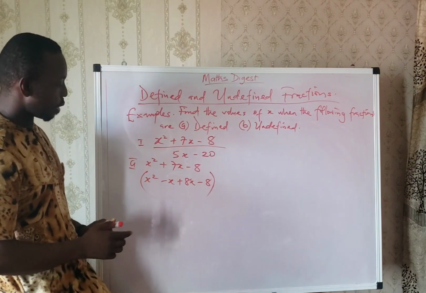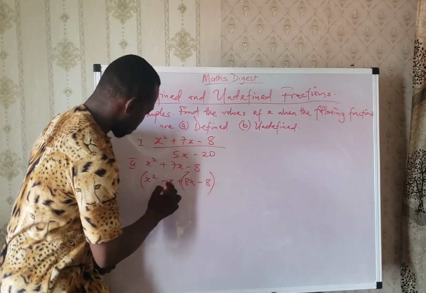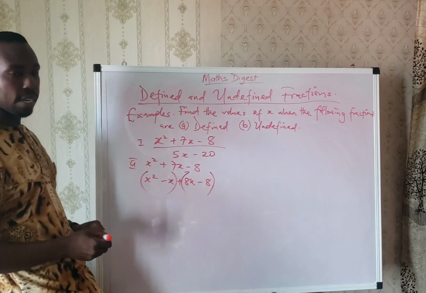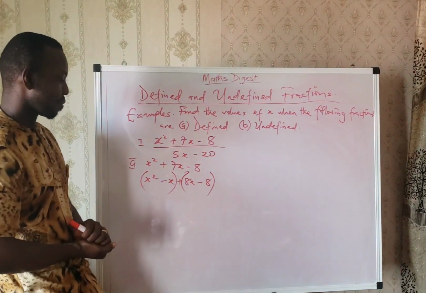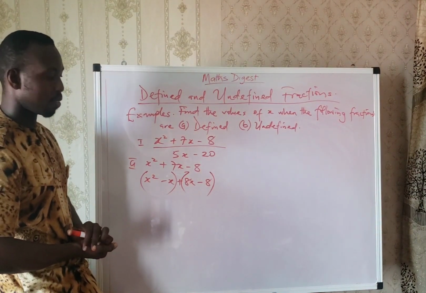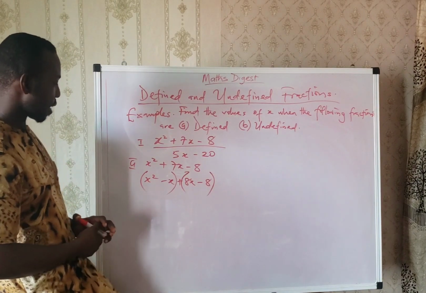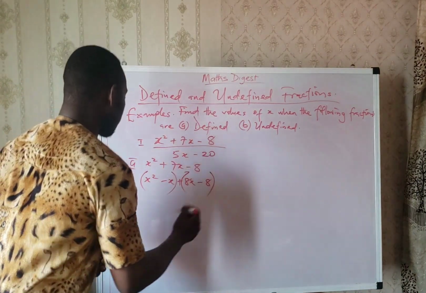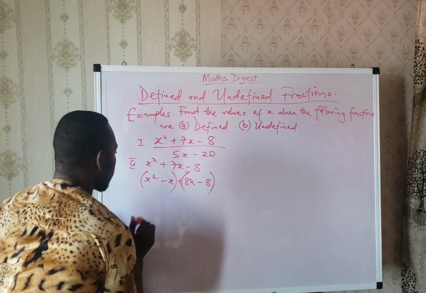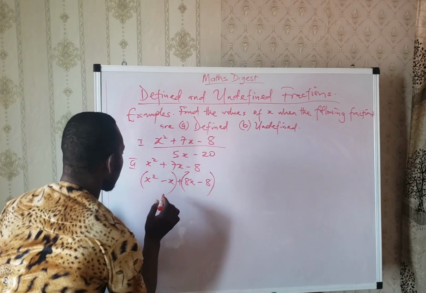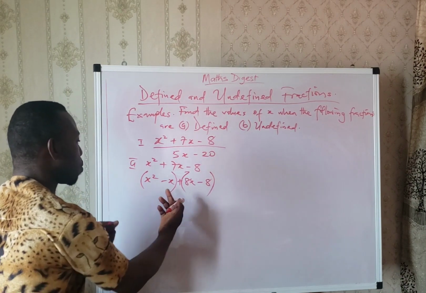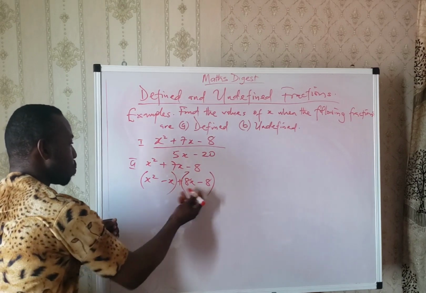Now you can go ahead and group it. Is there magic? No. Let's go further. With this, we are going to bring out the common factors in these two brackets.